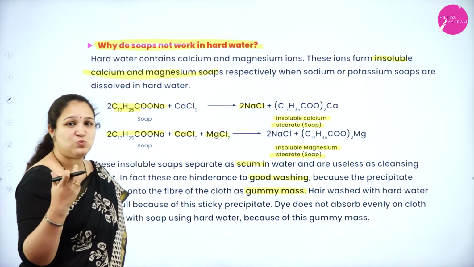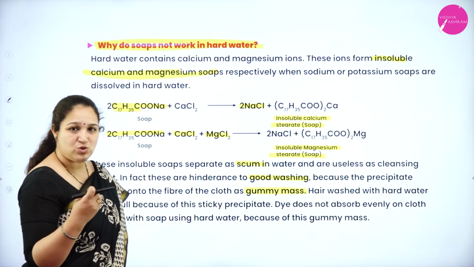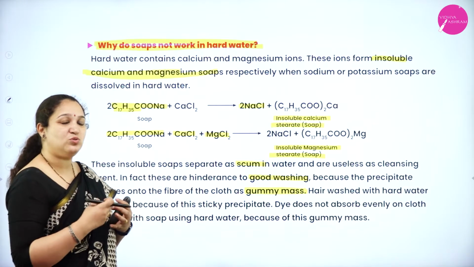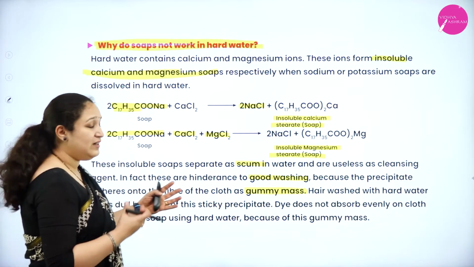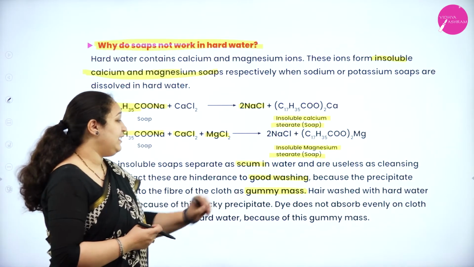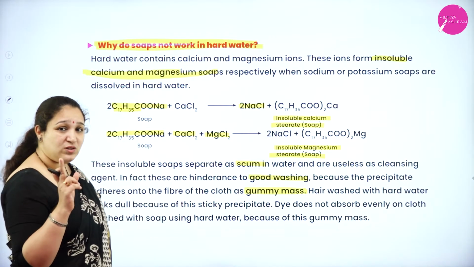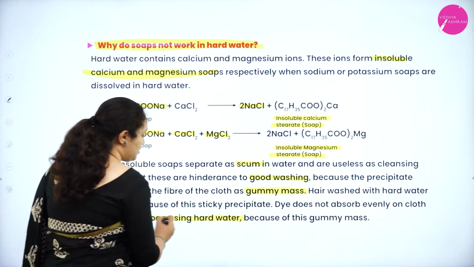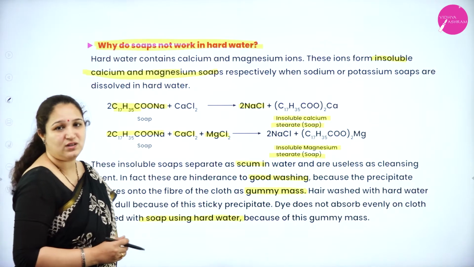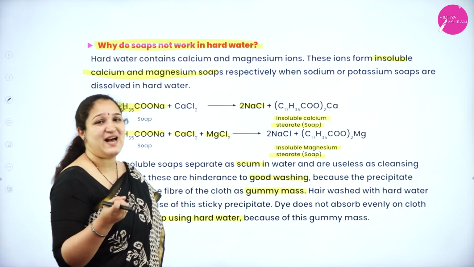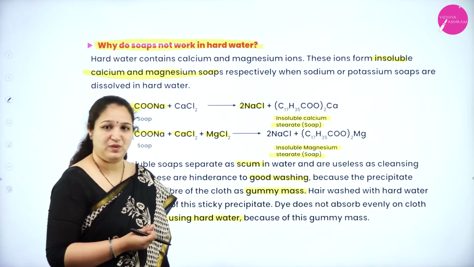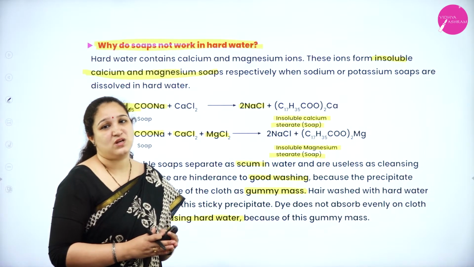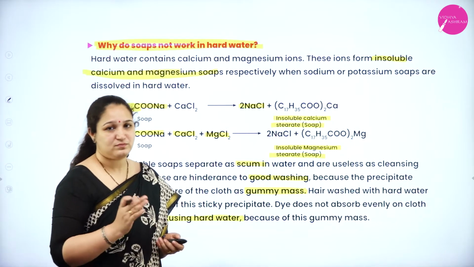Even when hair is washed with soap in hard water, it looks dull because the scum can get adhered to the hair and it becomes sticky. Similarly, dyes do not adsorb on the cloth evenly when soap is used in hard water because it forms scum which acts like a gummy mass. So this is why soap cannot be used in hard water.